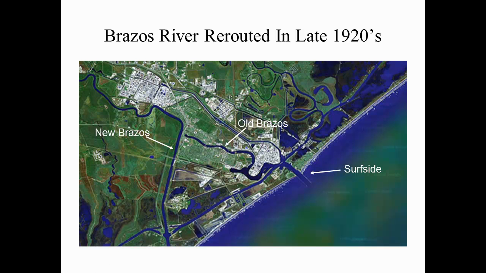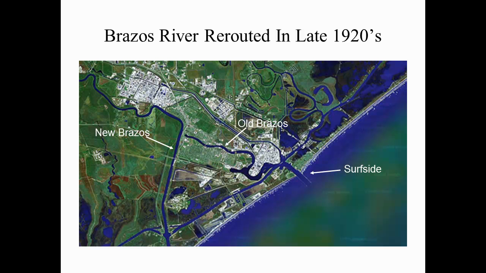And the reason they did this is because the old Brazos River was constantly being filled with sediment brought down from the interior of the continent by the Brazos River. And as a result, they had to go in and periodically dredge the old Brazos to keep it deep enough for ships to enter and leave the harbor and service those industries.